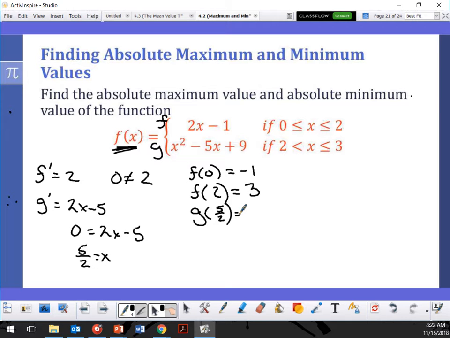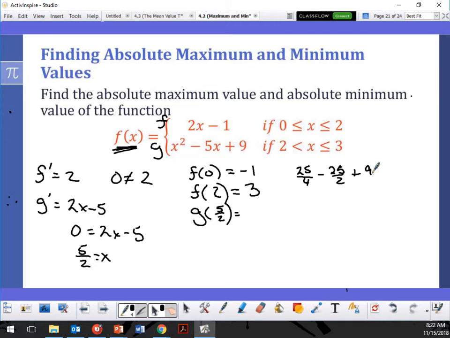So what would make this really easy? That 5 halves. I can plug that in the calculator too, right? So that would be 25 over 4. Let me see. 25 over 4 minus 5 halves, that's 25 over 2, plus 9.